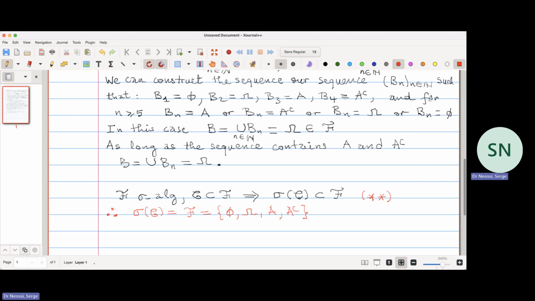So this is the sigma algebra generated by the singleton A.